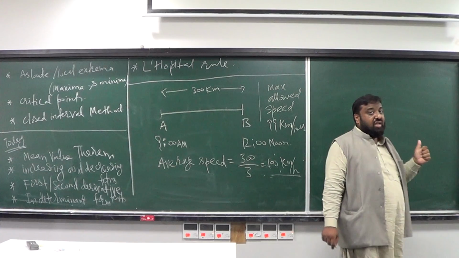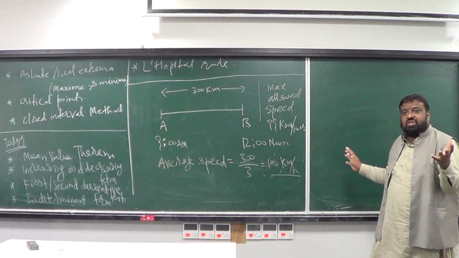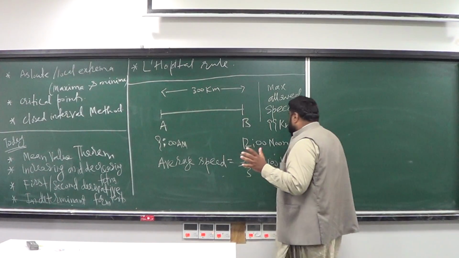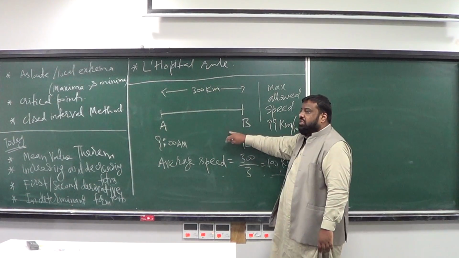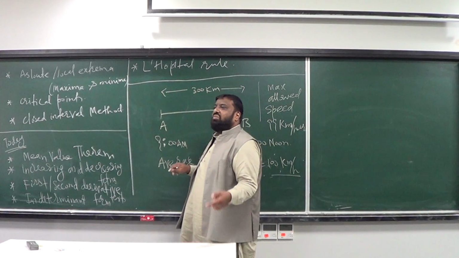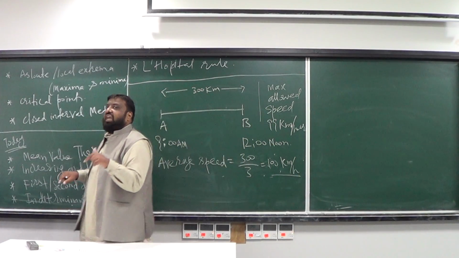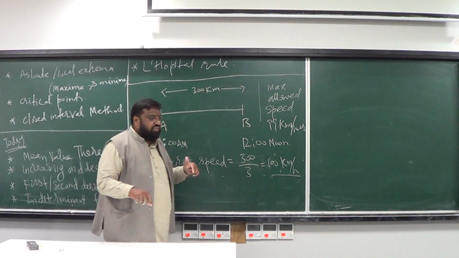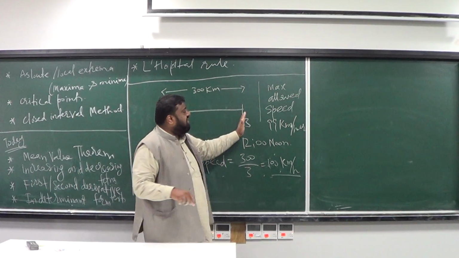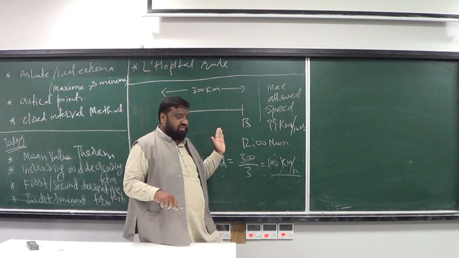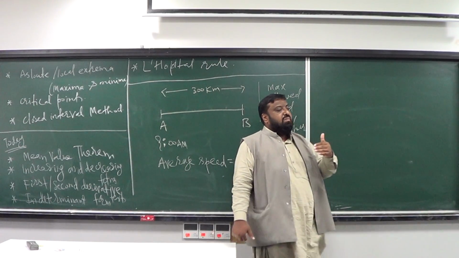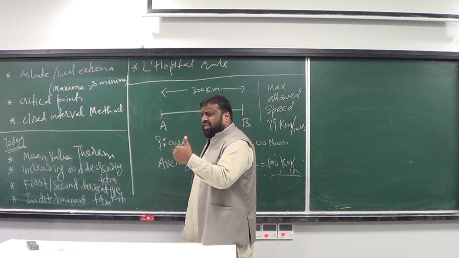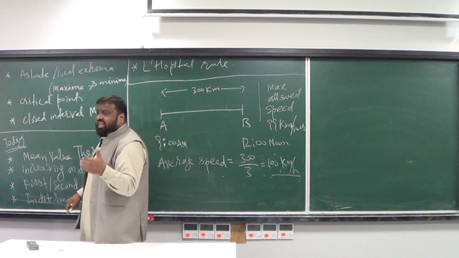The question is, okay, so this is pretty much what you call intuitive actually. So if your average speed is 100 kilometers per hour, there must be an instant where you must have hit this average speed actually. Okay, you can't cover 300 kilometers in 3 hours while your speed is below 99 kilometers per hour.